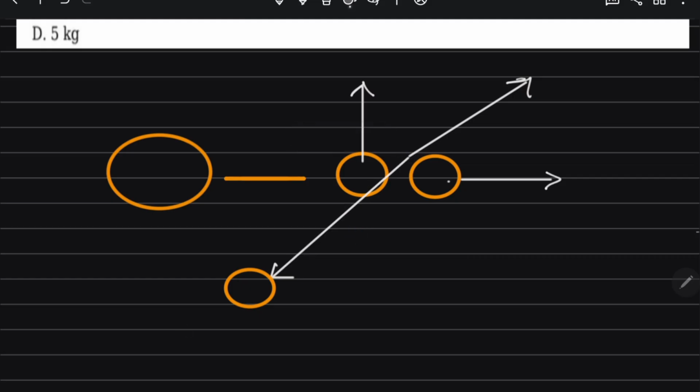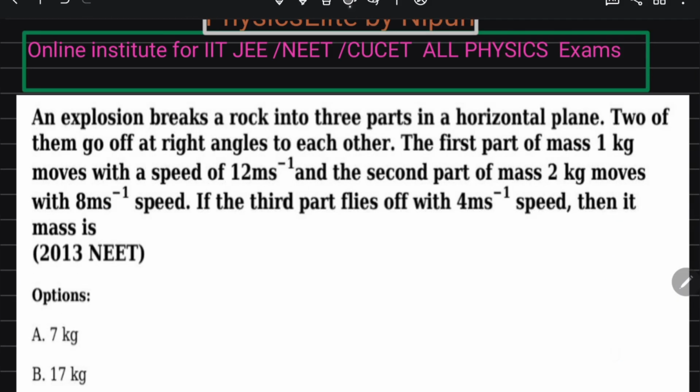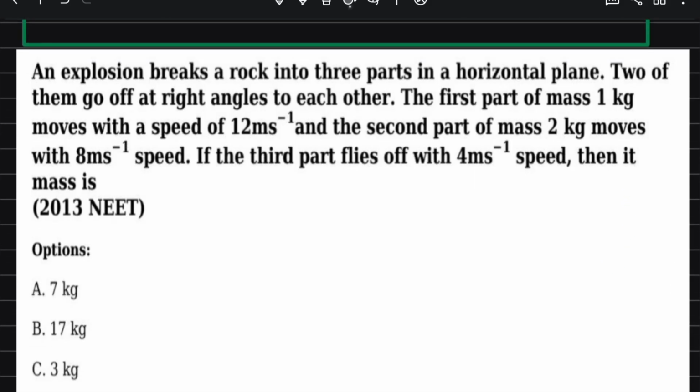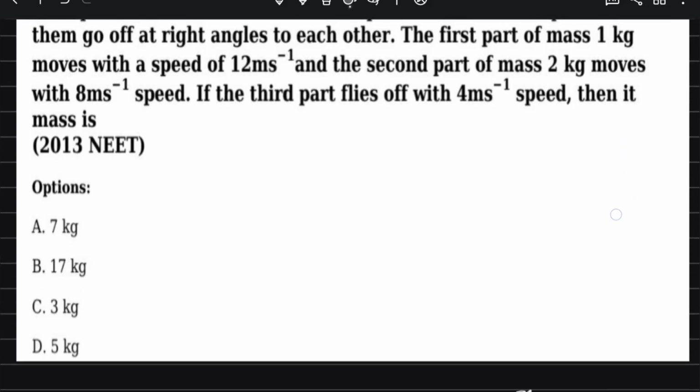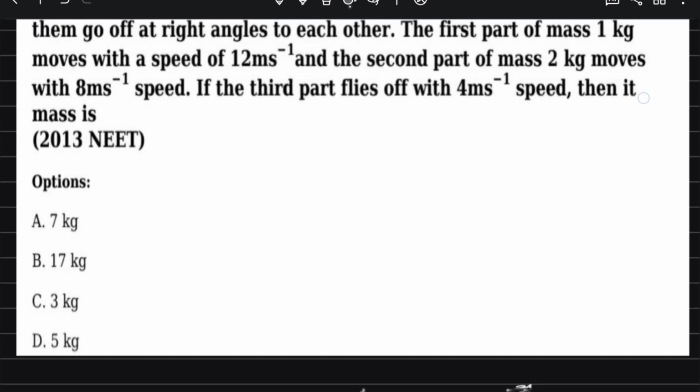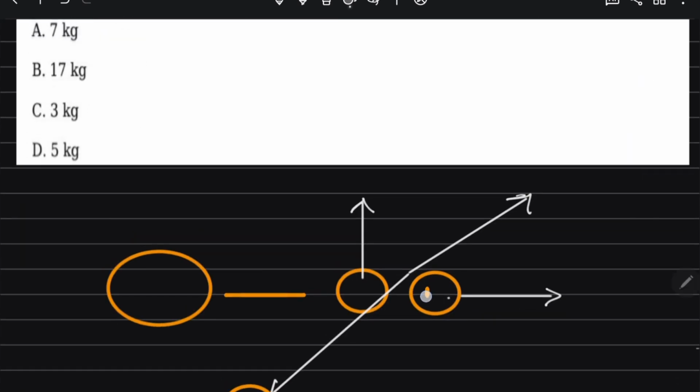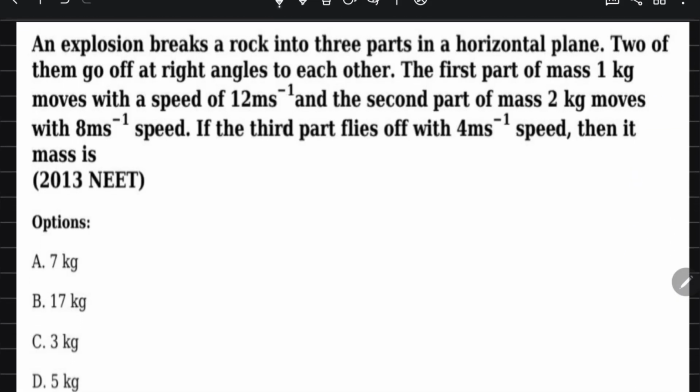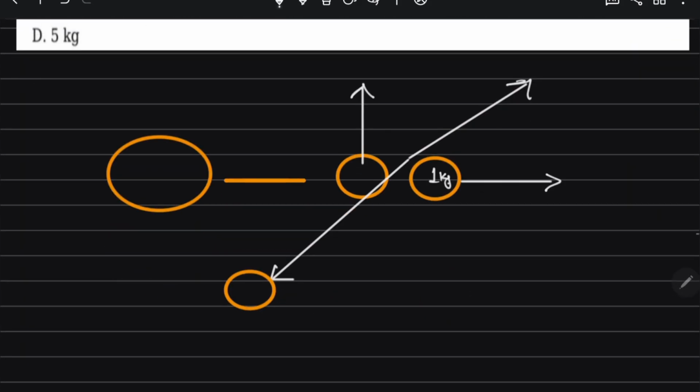Right? So here what they have given: an explosion breaks a rock into 3 parts in a horizontal plane. Two of them go at right angles to each other. The first part, 1 kg, moves with a speed of 12 meter per second.